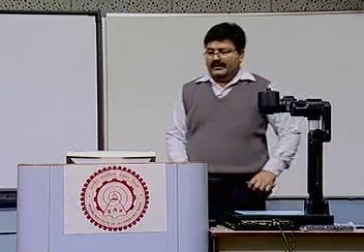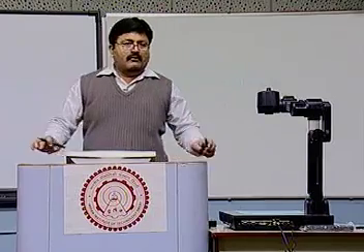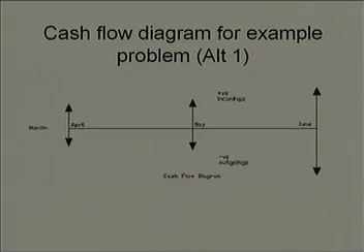Clear? So whatever transaction we have carried out for this particular problem is shown on a composite diagram, which will look something like this, right? So can you complete this diagram?